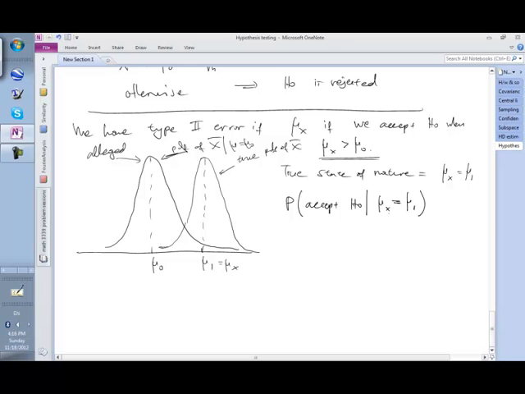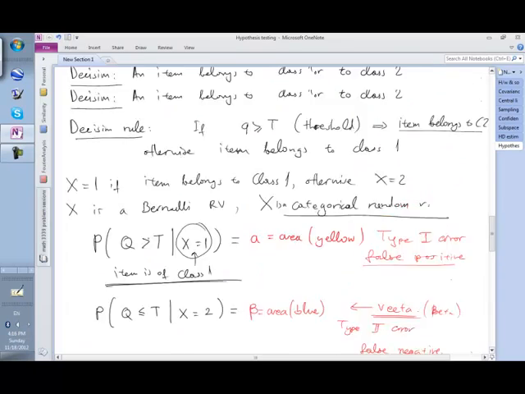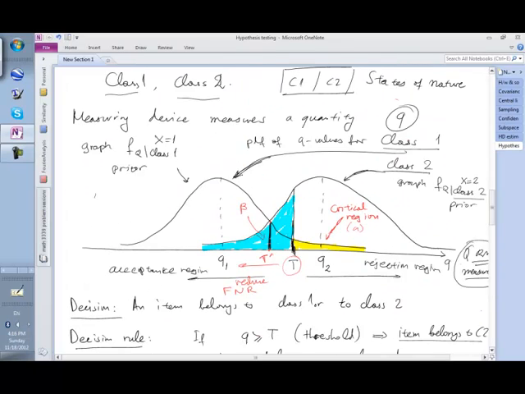Of course, if we want to find the type 2 error in general, it involves more possible values for the mean of x, so it's more complicated. I don't want to discuss it in its greatest generality. But here, what you see is the situation. This should ring a bell. It's the situation we saw before in the discriminability.